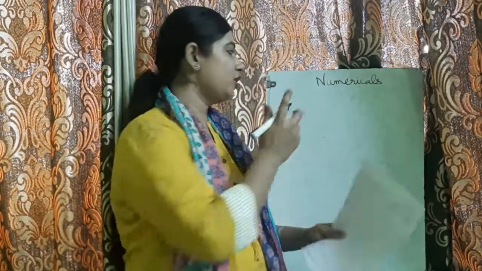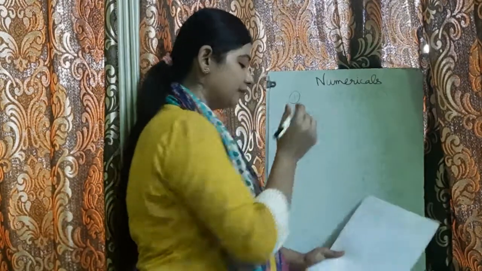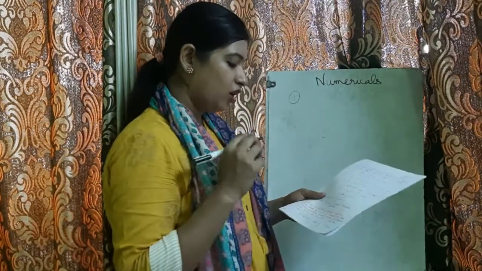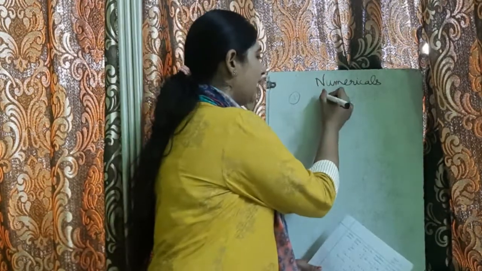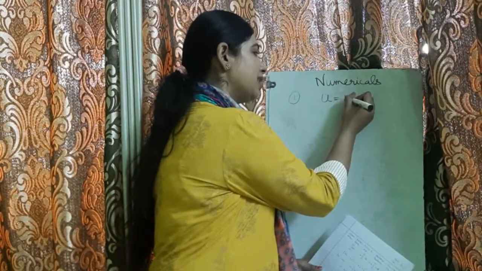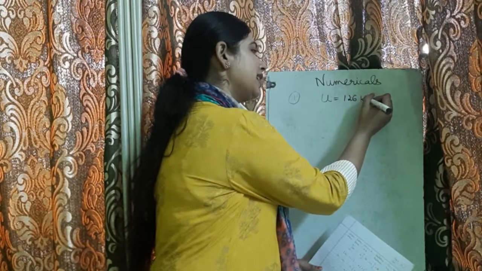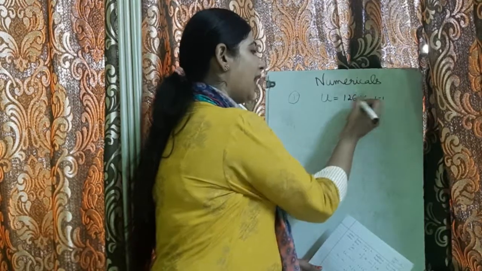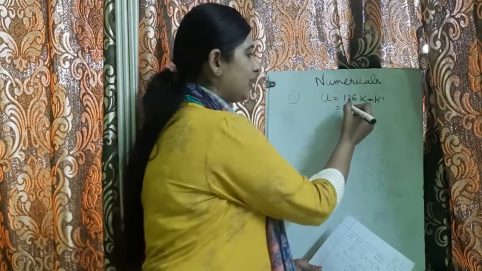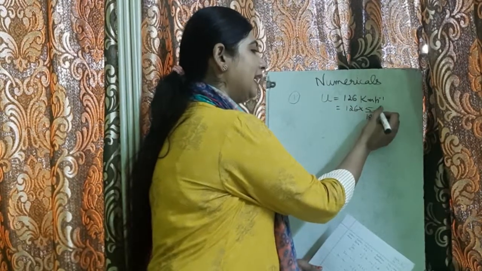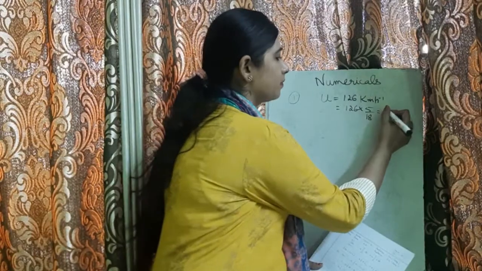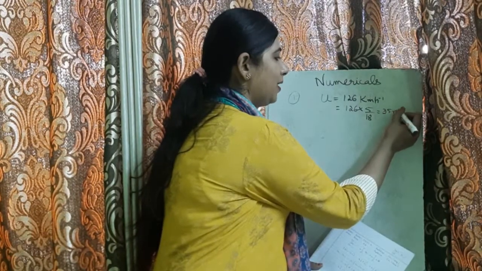Now we will do some numericals. In the first numerical we have that a car is moving along a straight highway with a speed of 126 km per hour. Here the value of u is given as 126 km per hour. We will convert it into meter per second, that is 126 into 5 by 18, and you will get 35 meter per second.